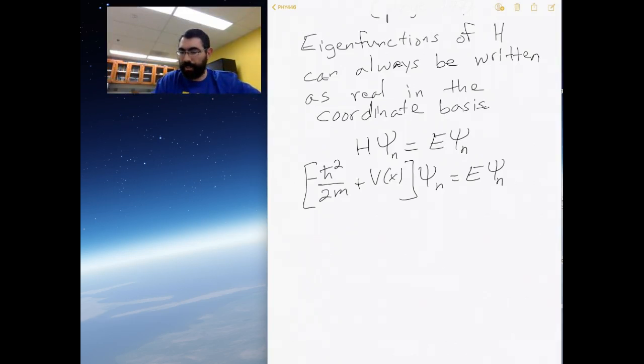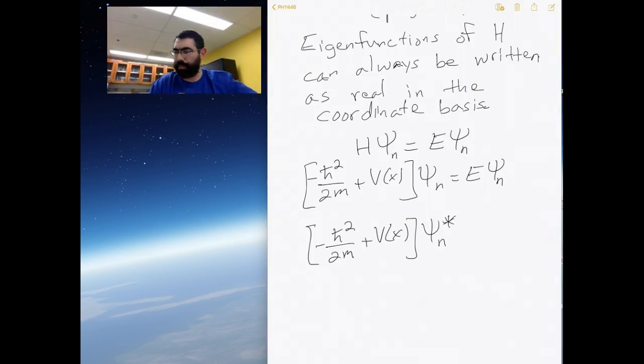Now I can take the complex conjugate of it, and everything is pretty much real except for the wave function. So I'm going to take the complex conjugate of the wave function, like so.